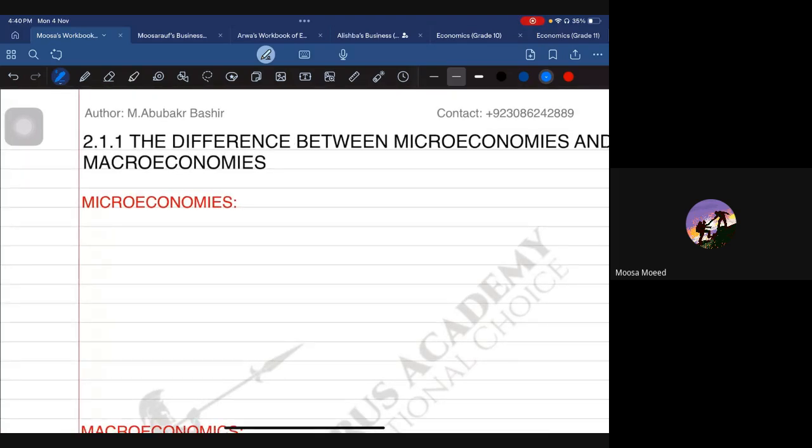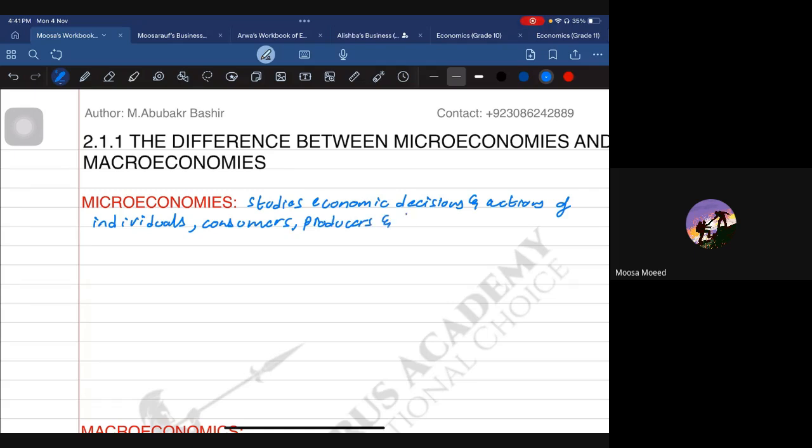So, microeconomics basically studies economic decisions and actions of individuals, consumers, producers, and households, and how the economic decision makers basically interact.